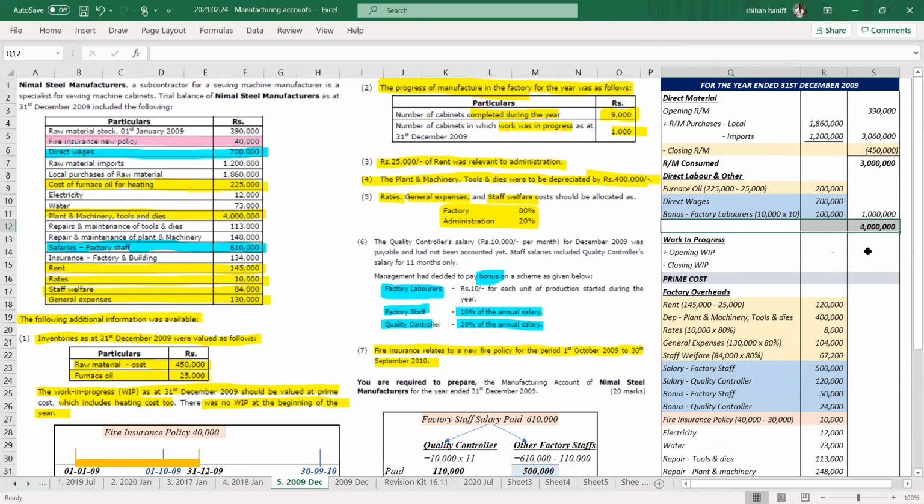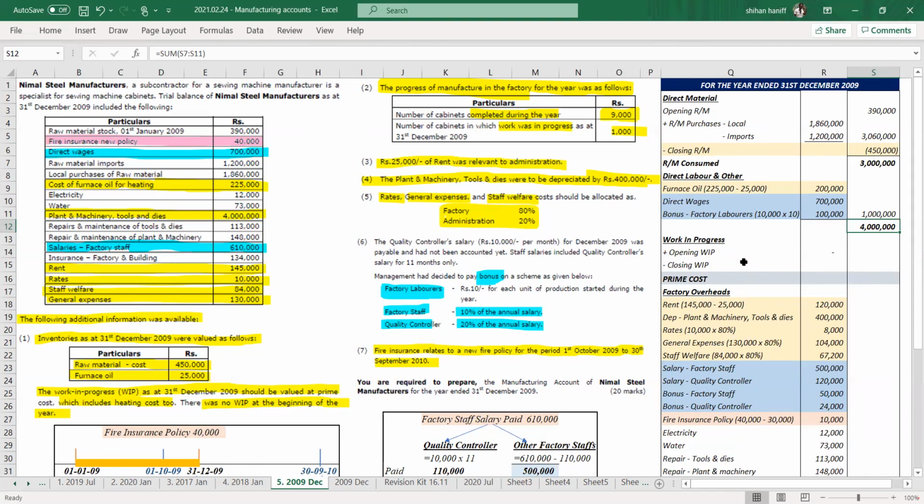They have spent 4 million for 10,000 cabinets. Out of these 10,000 cabinets, there are 1,000 cabinets which are under process.